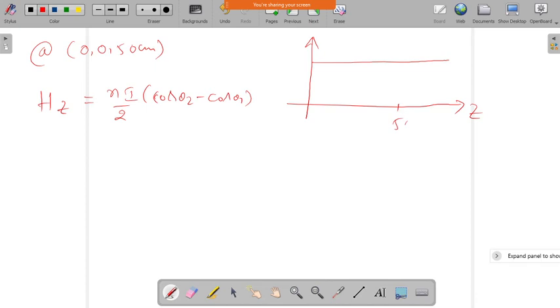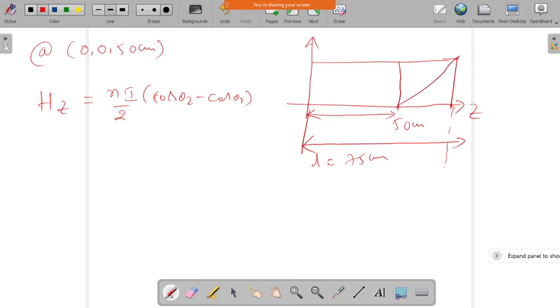So at 50 centimeter and the total length is 75 centimeter. So let us take this end, this is the end of this one, this is L, and at exactly 50 centimeter we need to find out. So now this is a point which is having theta 2 and this is having theta 1.